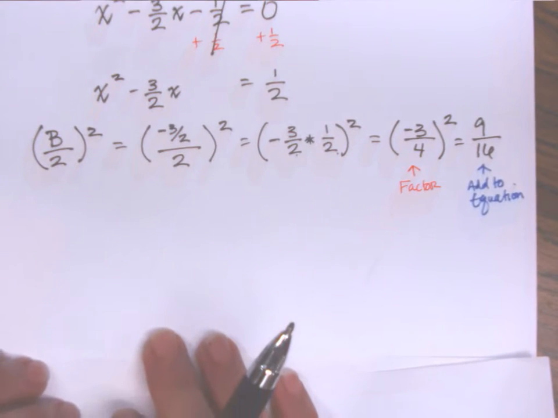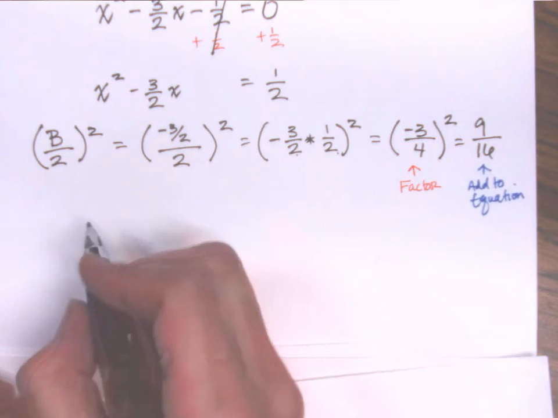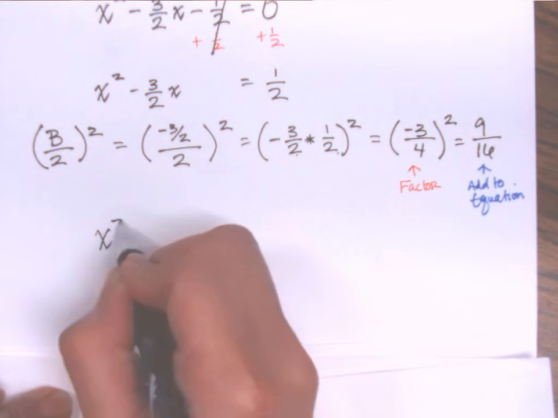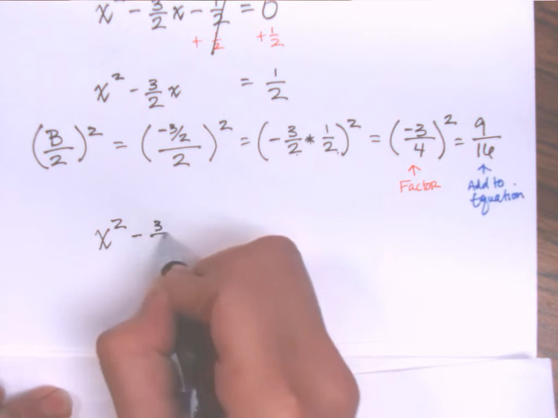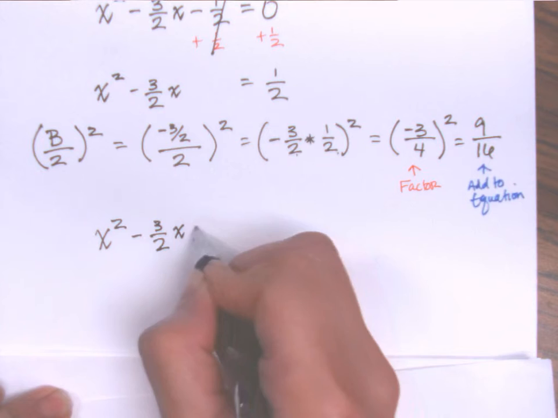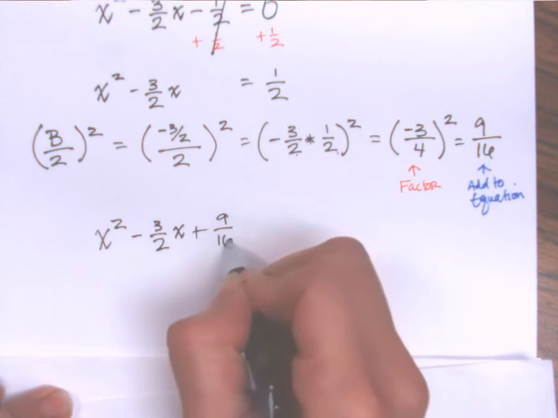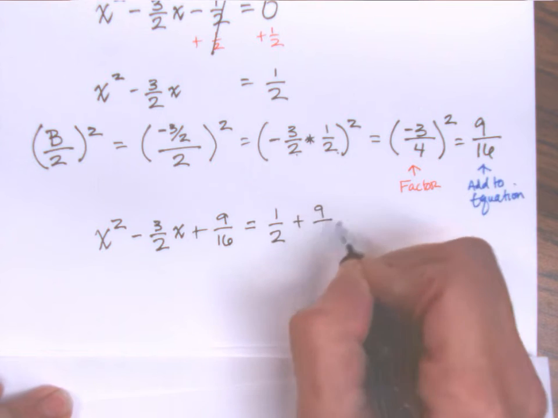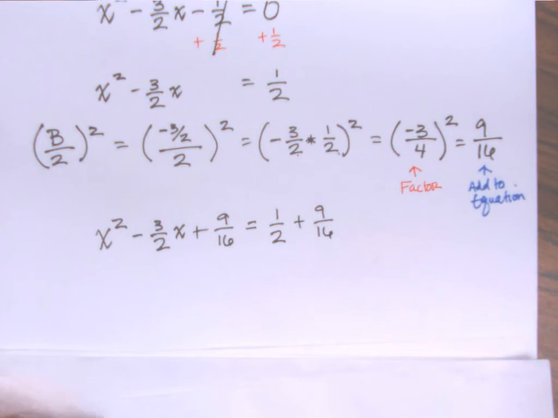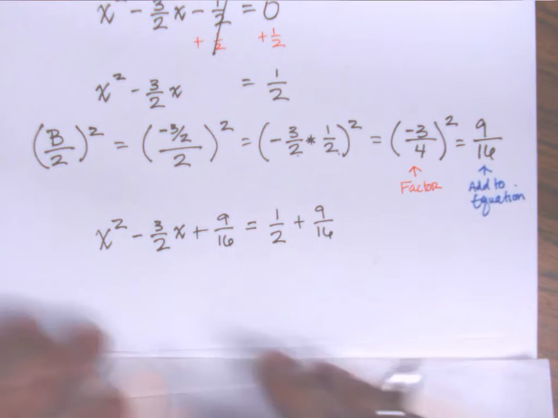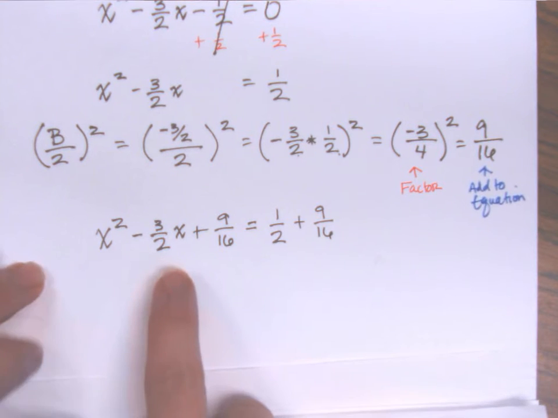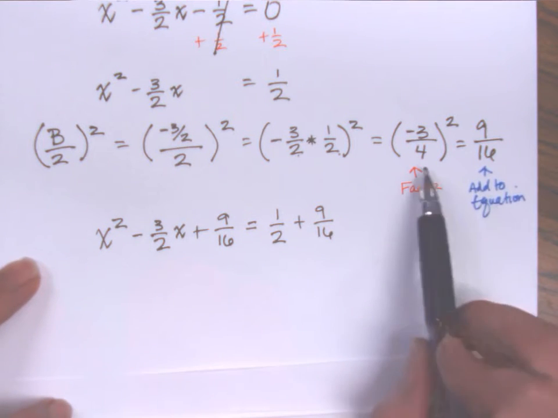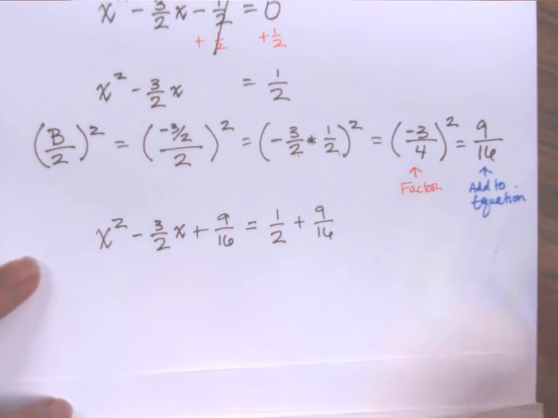So, let me make sure my paper's straight. Now I'm looking at x squared minus 3 halves x plus 9/16 equals 1 half plus 9/16. Okay. I know now this is a perfect square trinomial, and this is my factor.